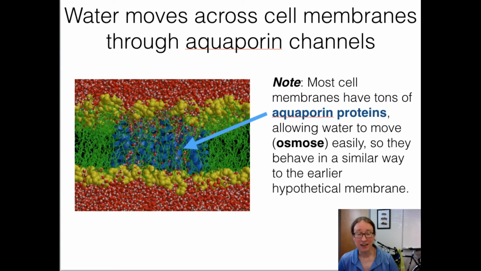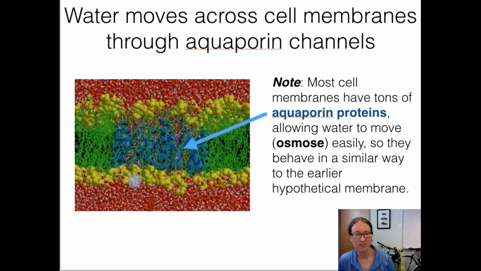And now, because most cells have a ton of aquaporin proteins in their membranes, cells often behave as though water can just diffuse freely across the membrane itself, but water cannot. So it has to travel through one of these aquaporin proteins.